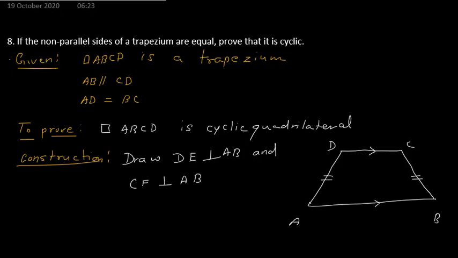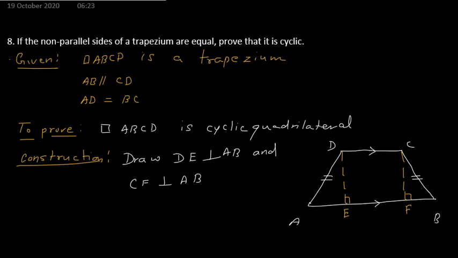So I will draw one perpendicular from here on this side and one perpendicular from here on this side. Now this is DE and this is CF. So these are two perpendiculars between two parallel lines, therefore they are going to be equal.